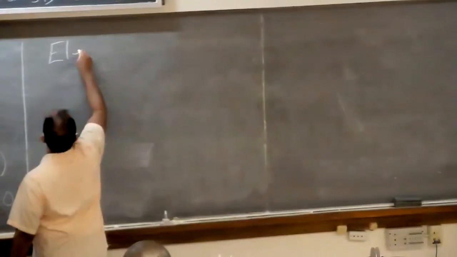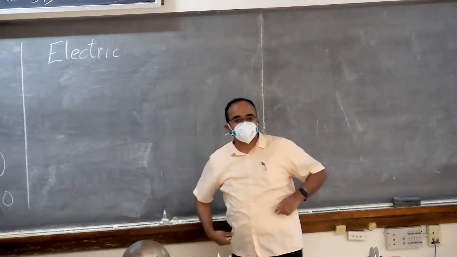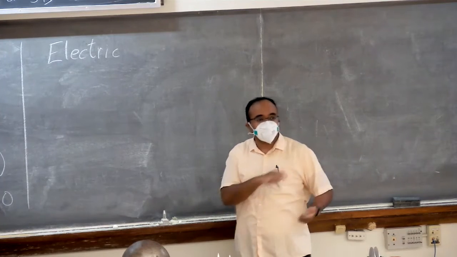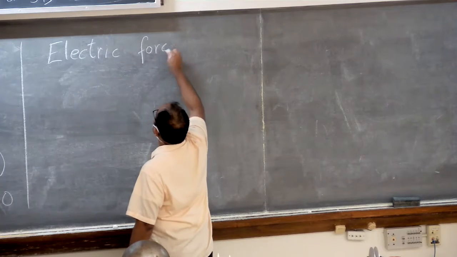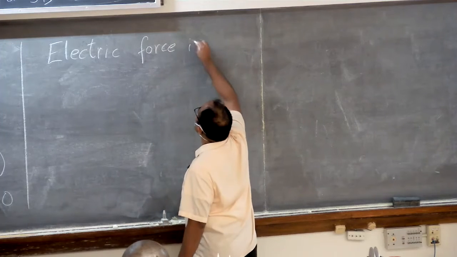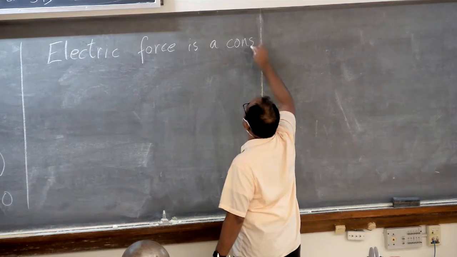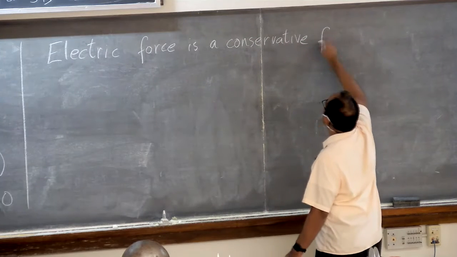All right, so I remember Kyle asking, I think last week sometime, is the electric force a conservative force? Yes, it is. The electrostatic force is a conservative force, and we know that all conservative forces have associated potential energies.